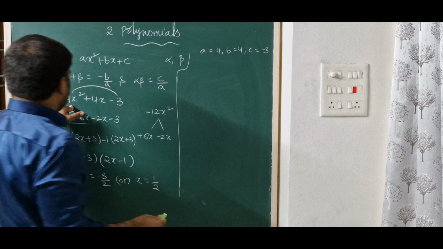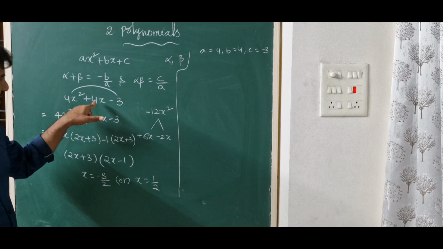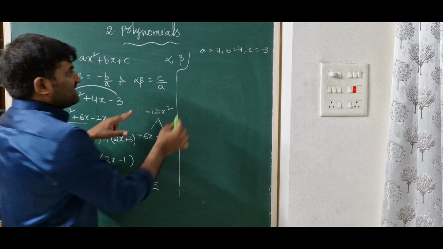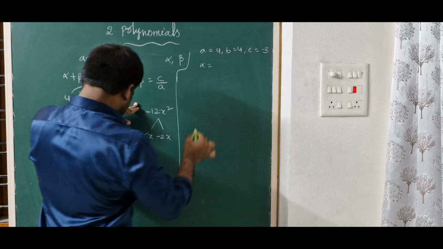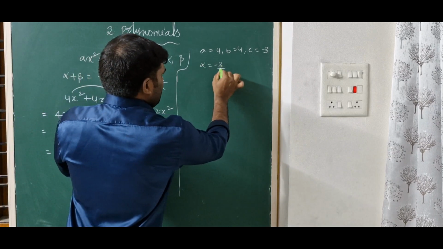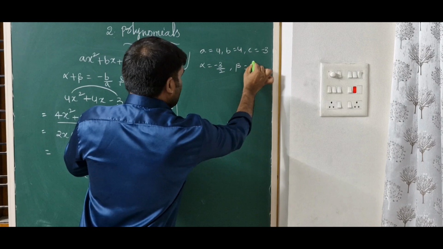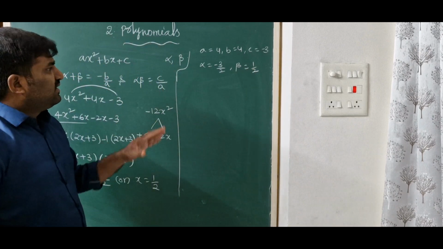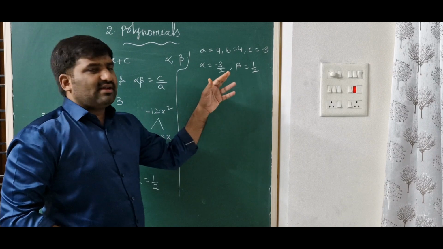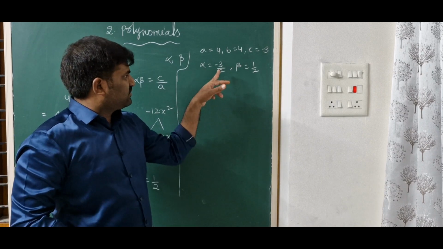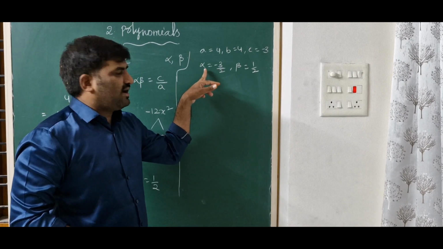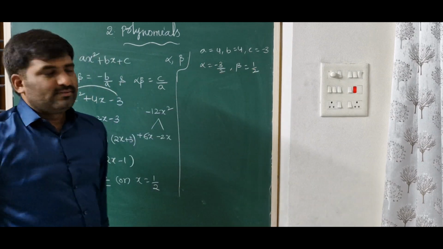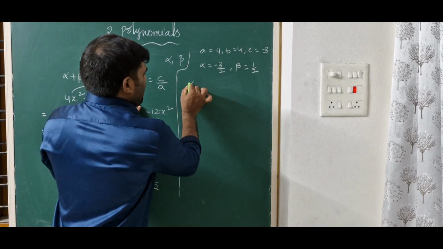Now of these two zeros, alpha is minus 3 by 2 and beta is 1 by 2. Here you can take alpha and beta as beta and alpha also. You need not compulsorily take alpha as minus 3 by 2; you can even take 1 by 2 as alpha. Now first I am verifying alpha plus beta.